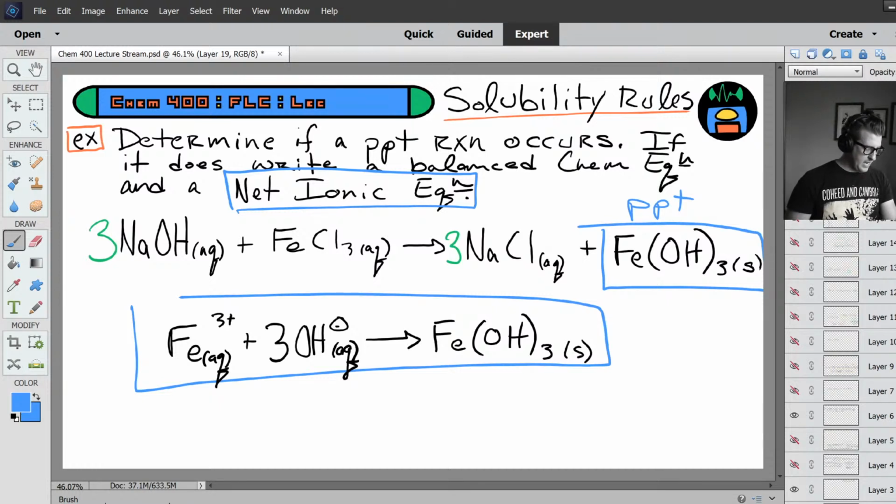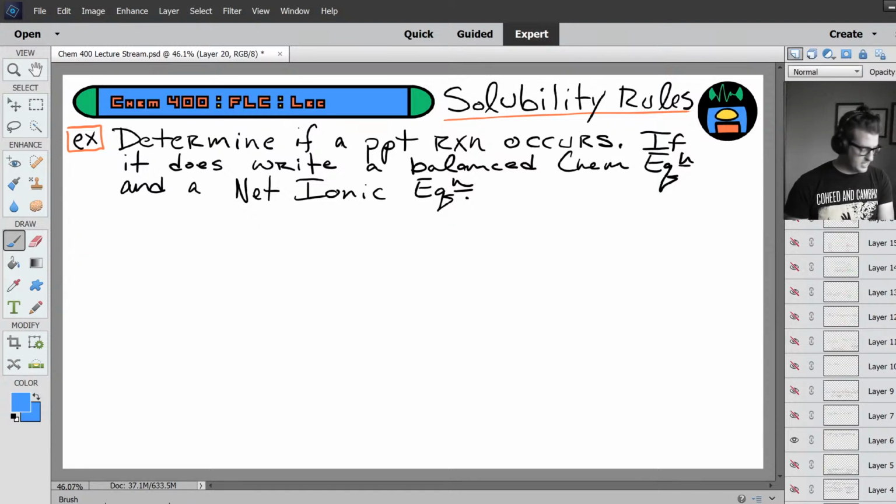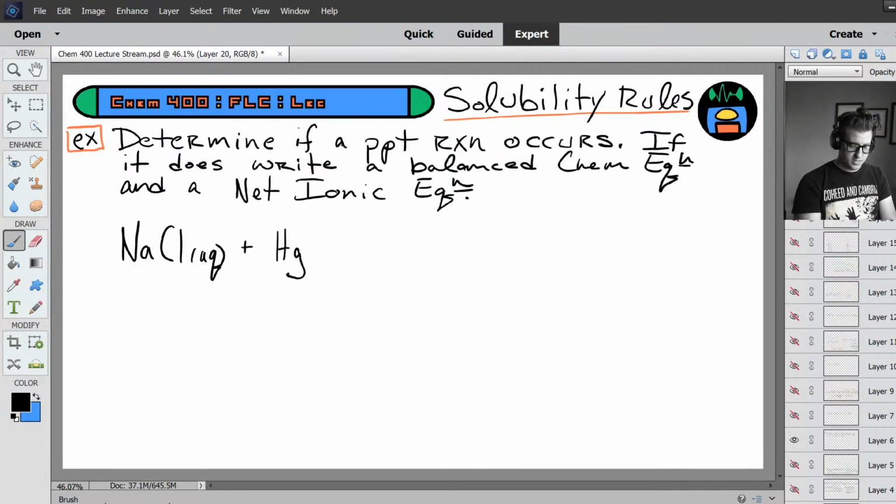All right, I have 2 more solubility rules examples. Let's see if we can get both in. The first is we're going to evaluate the reaction, or if there is a reaction, between aqueous sodium chloride and aqueous Mercury 1 acetate.